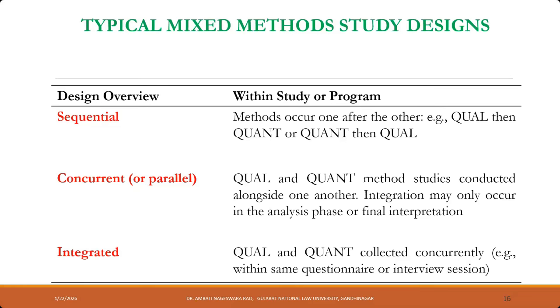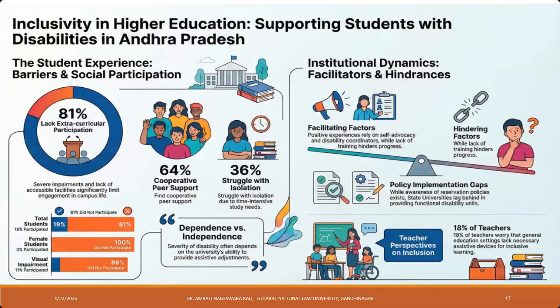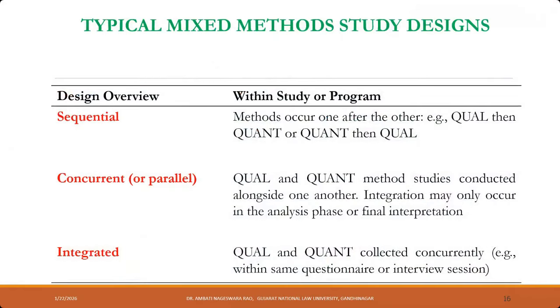I collected individually from students with disabilities, university management, and peer group members. When it came to the teachers, I was depending on the students with disability findings. That was sequential. This is the concurrent method.